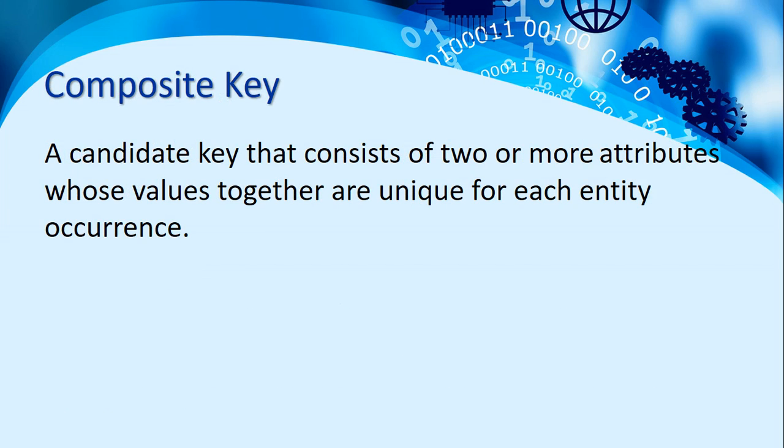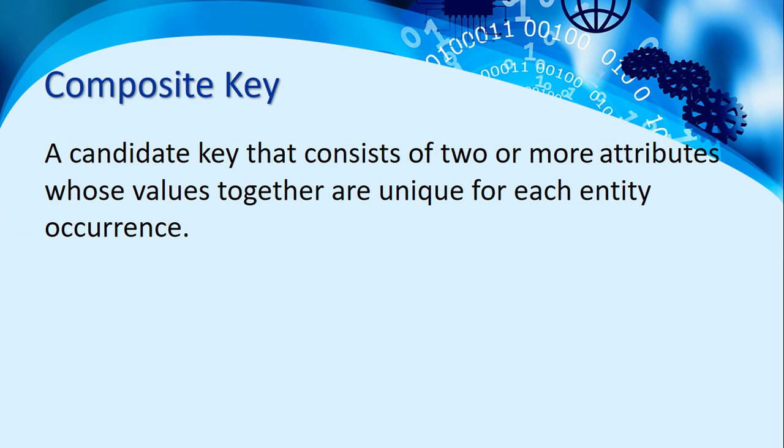So we also have the composite key, just like the composite attribute. These are candidate keys that could be composed of 2 or more attributes, whose values together are unique for each entity occurrence. For example, first name and last name, let's say there are 2 separate attributes.